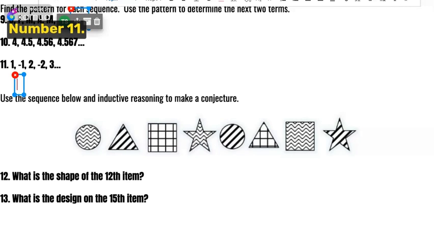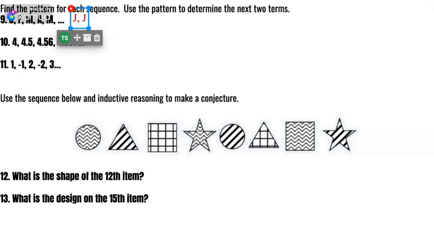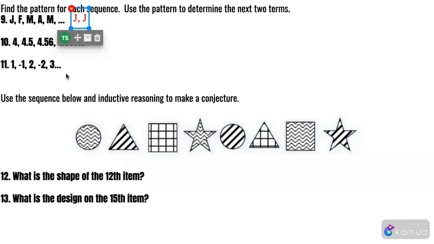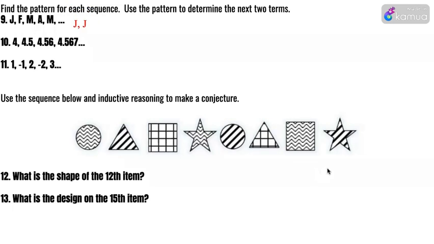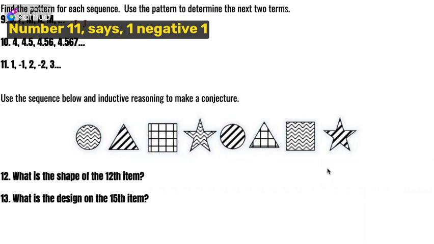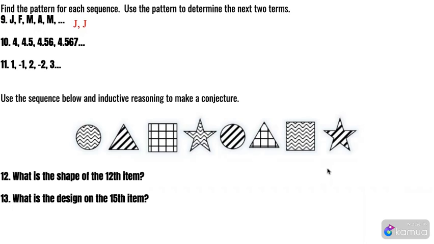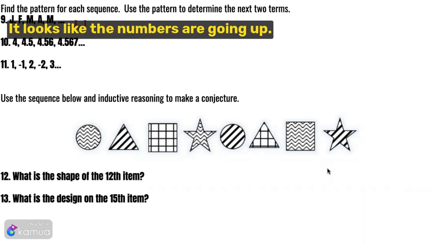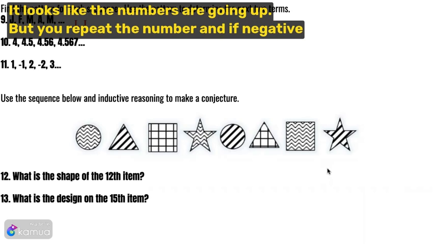Number 11 says 1, -1, 2, -2, 3. It looks like the numbers are going up but you repeat the number and it's negative right behind it.